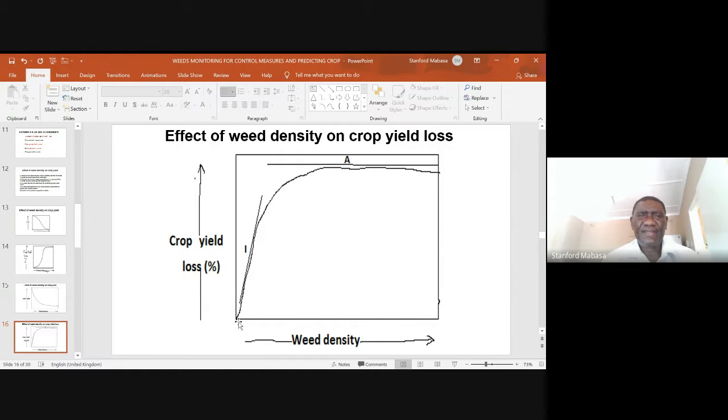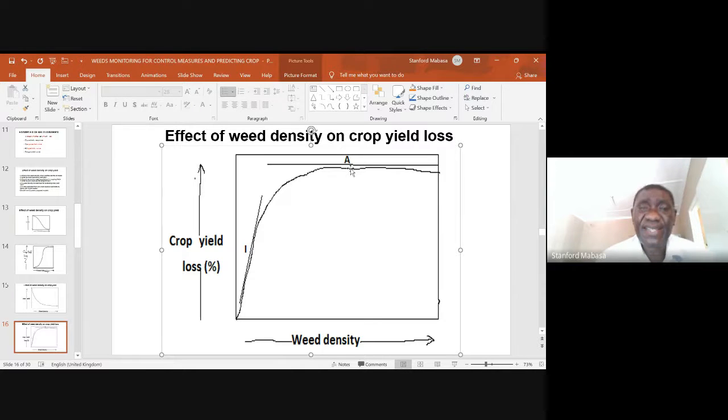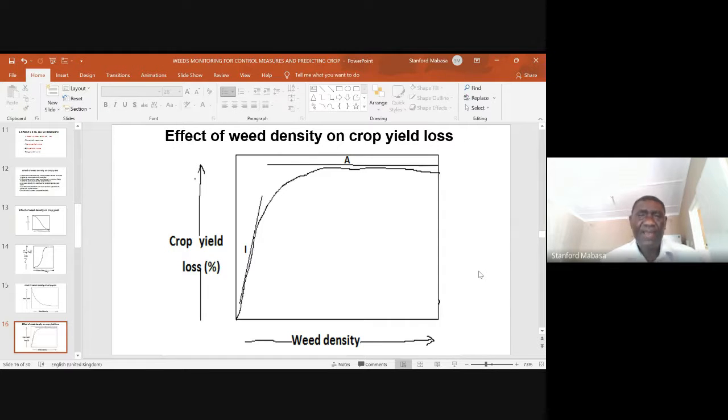At first you have a steep increase, then it stabilizes at what is known as the maximum yield loss, represented by A. Here on the slope, we have I, which represents the slope. So we've got two ways of showing yield loss, either the Zimdahl approach or the Cousens approach.